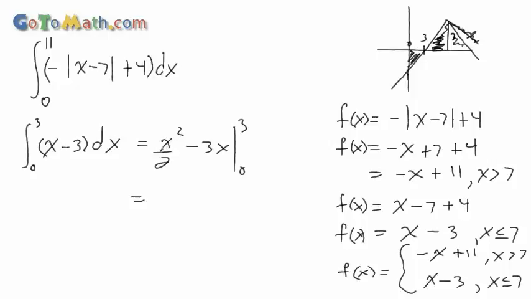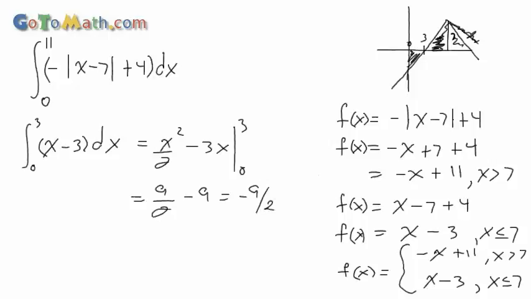So you got 3 squared is 9 halves minus 9, and so we end up with 9 minus 18 is 9, negative 9, right? We get negative 9 halves, but now it is negative 9 halves, and let's not deny that.